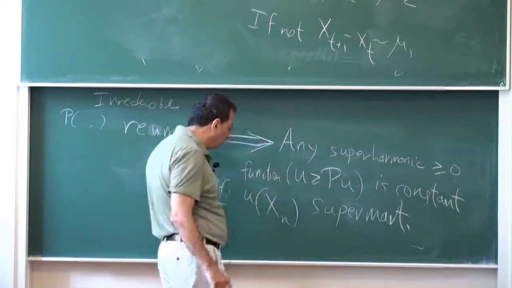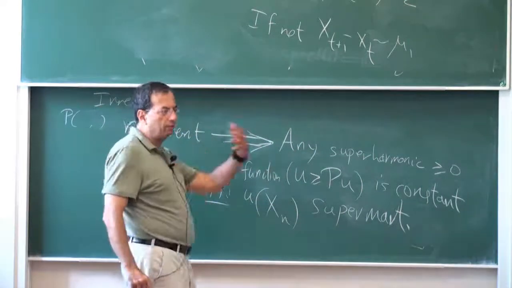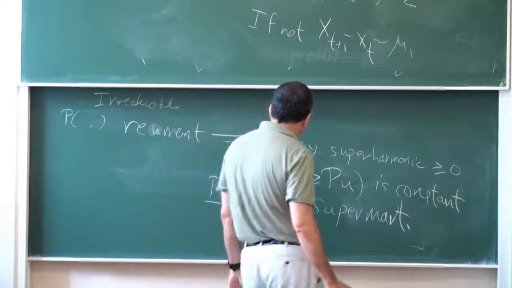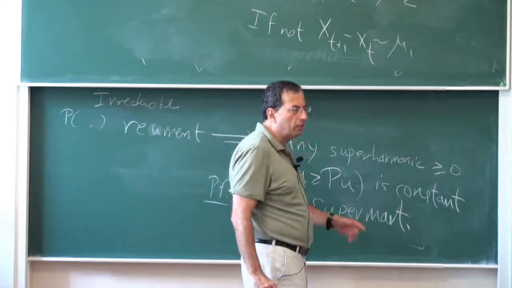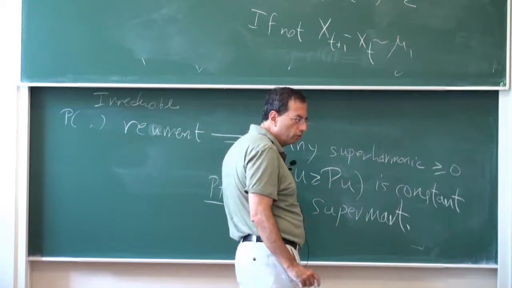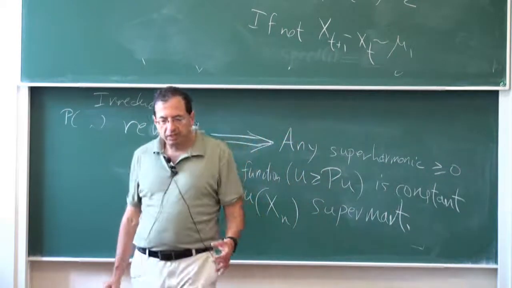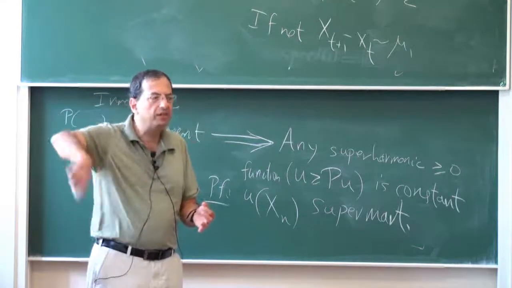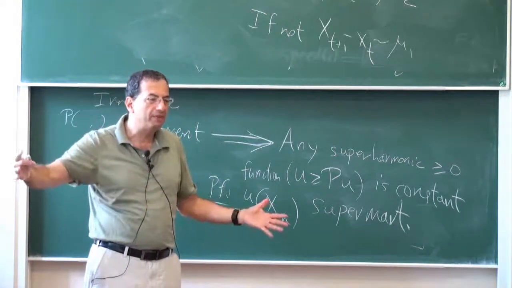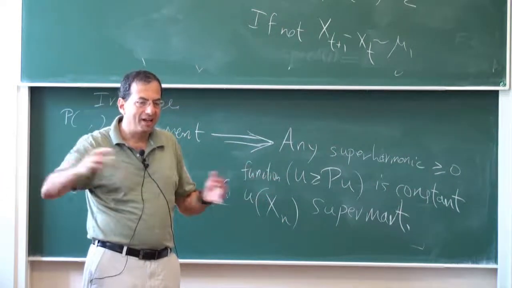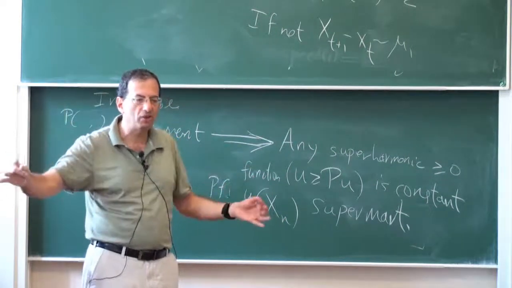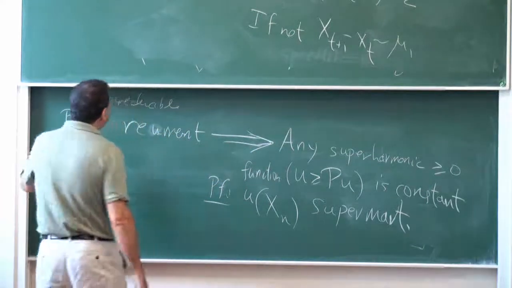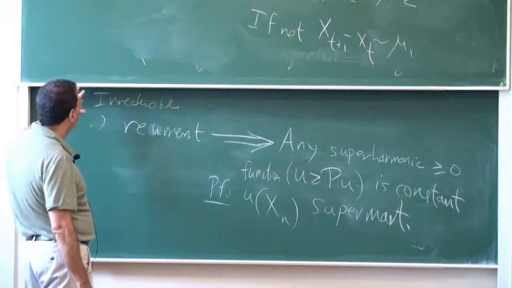What this inequality means is that the expectation of u at time n+1 given Xn is decreasing, so it's a non-negative supermartingale, so it will converge. But if the chain is recurrent and irreducible, then it's going to visit every state infinitely often. And if u of Xn is converging and we revisit every state, u has to be constant, right? Okay, so that's one easy criterion, but that one is not so easy to directly apply to this problem.